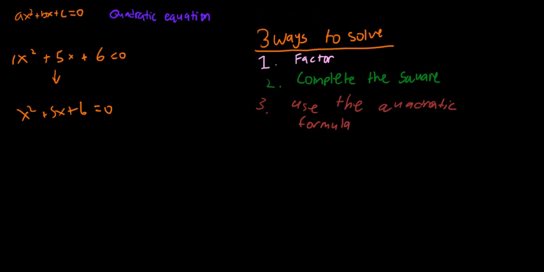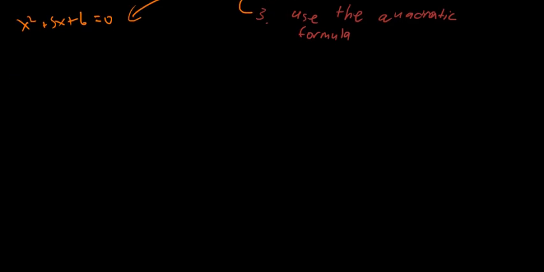Let's try to use all 3 of these to try and solve this equation. So let's start with method number 1, factoring. Now, when you factor something, let's say that we have the number 27.